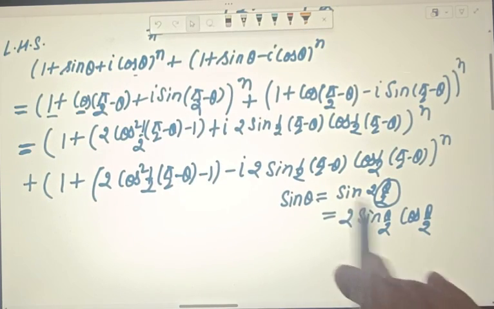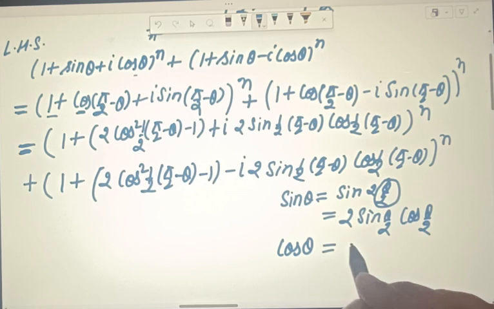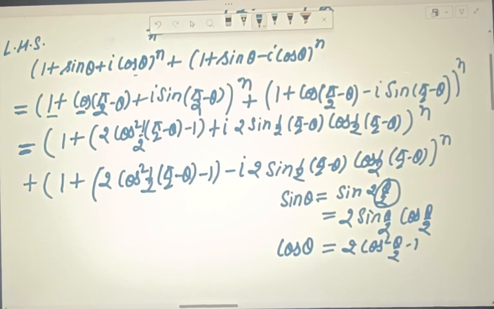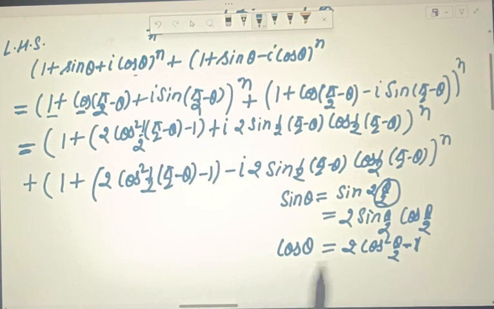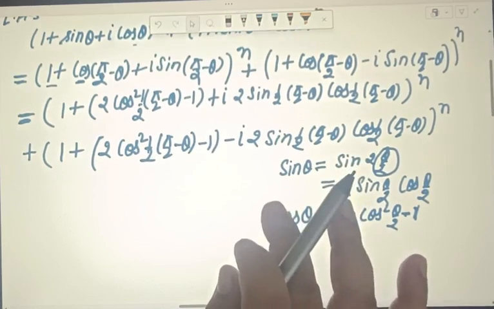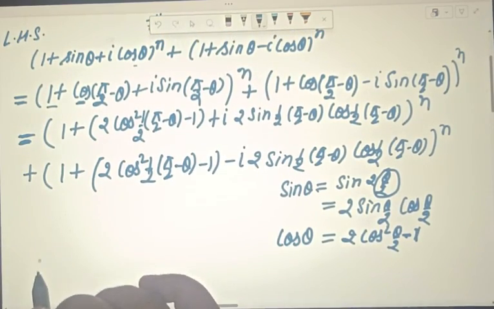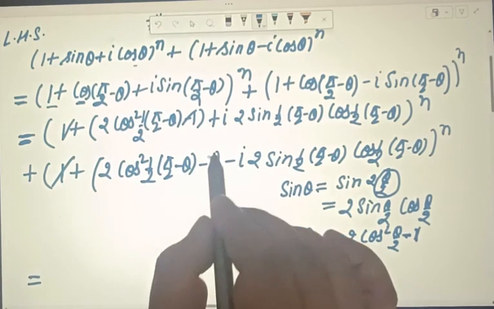Similarly for cos θ, it is 2 cos²(θ/2) − 1, where my θ is here π/2 − θ. That's why I have used 1 by 2 of (π/2 − θ). Now what about the next step of simplification? You will see this 1 is cancelled out, and this 1 is cancelled out.